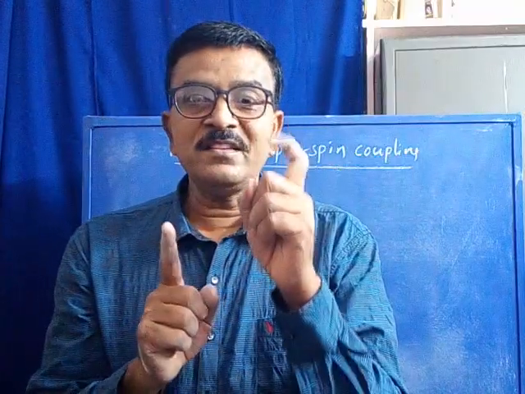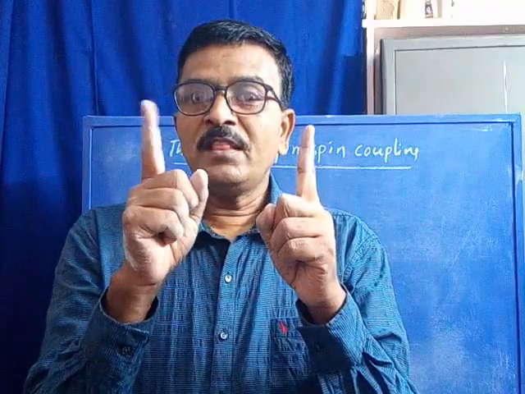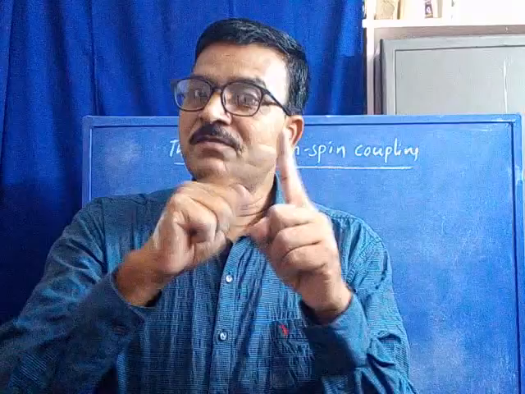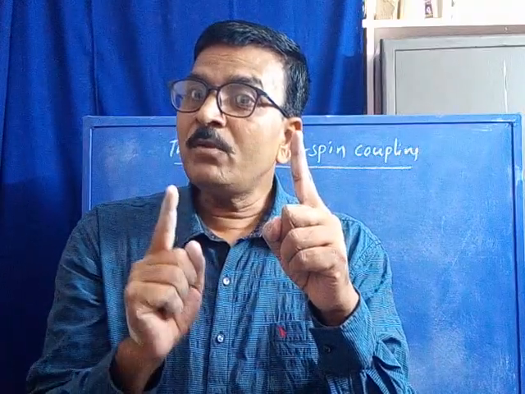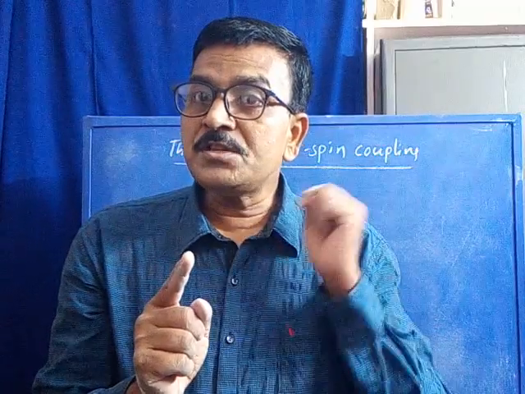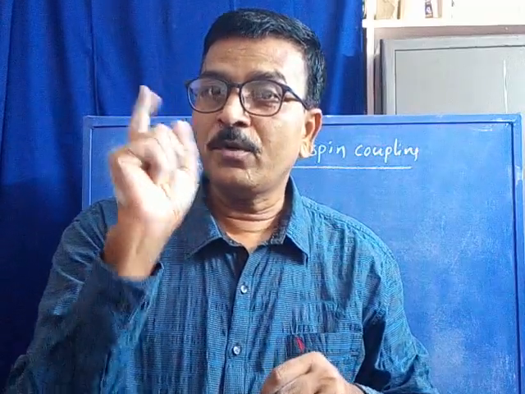Then the adjacent set's nuclear spin is oriented in a different way with respect to each orientation of the first one. Say this is the first set of protons, this is the second set. When the first set is coupled with the second set, the second set's nuclear spin may be oriented in a different way with respect to each orientation of the first set.